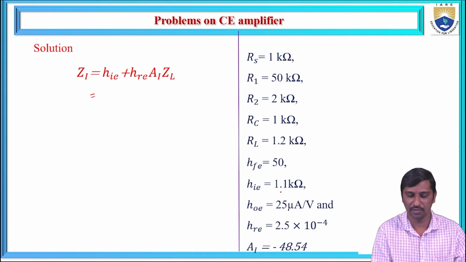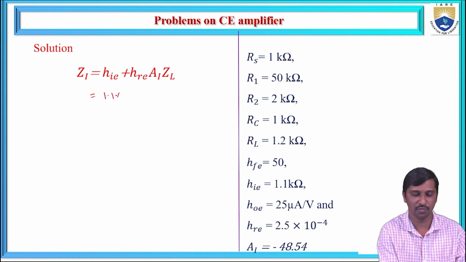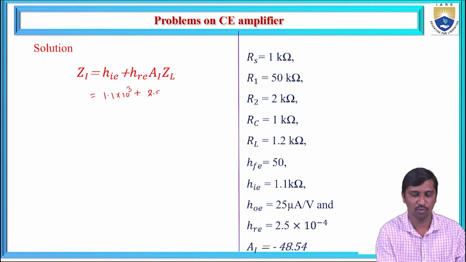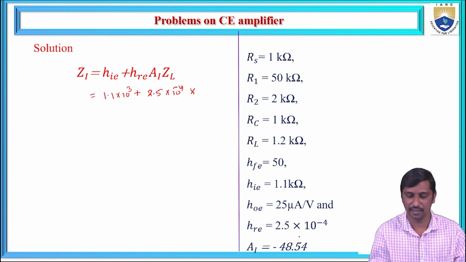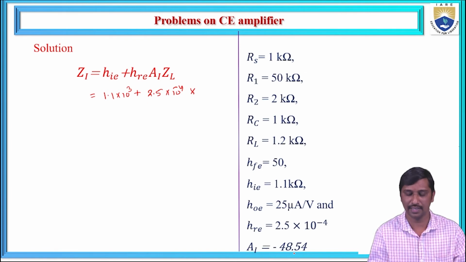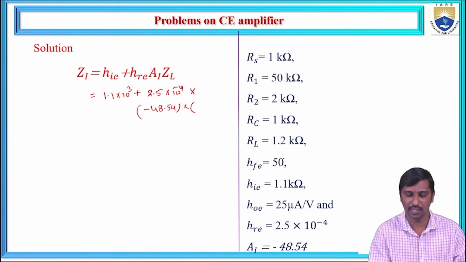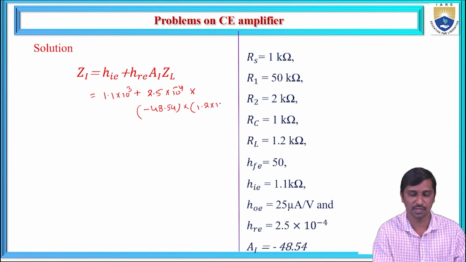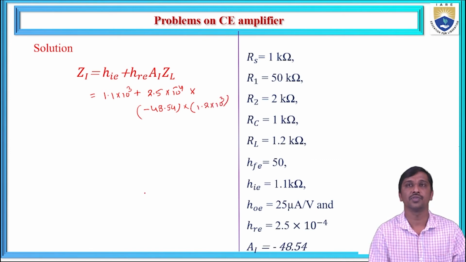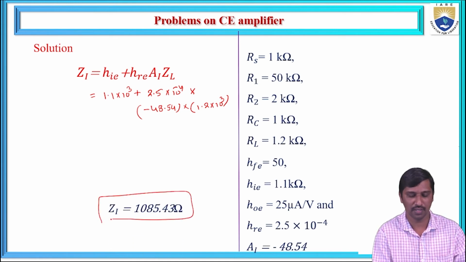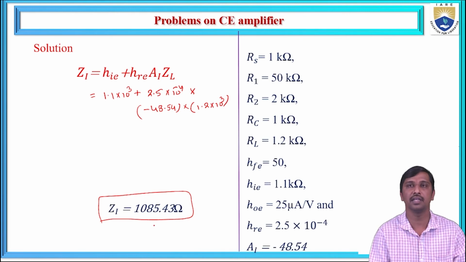The HIE value here is 1.1 kilo ohms, plus HRE is 2.5 into 10 to the power of minus 4, into the current gain, which we just observed is minus 48.54, into the ZL value of 1.2 kilo ohms. If you solve this, it gives that ZI is equal to 1085.43 ohms.